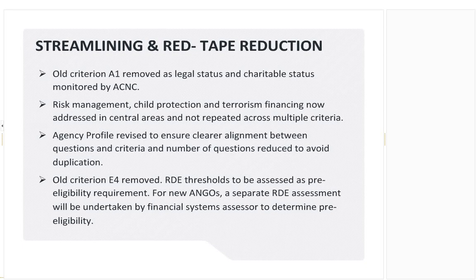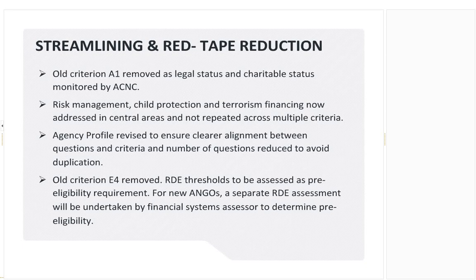So risk management, as some of you will see, is now housed, if you like, in its own criterion. So it's addressed centrally. Child protection is now addressed in standalone criteria. And tourism financing, which used to appear, I think, in 3 or 4 criteria, now features in only 1 criterion. So there's quite a bit of streamlining just of the practice areas that were considered across accreditation criteria.